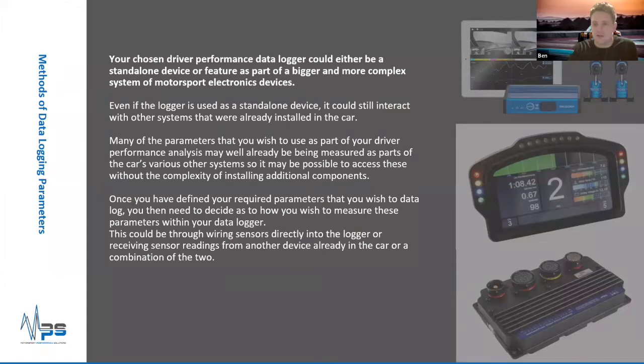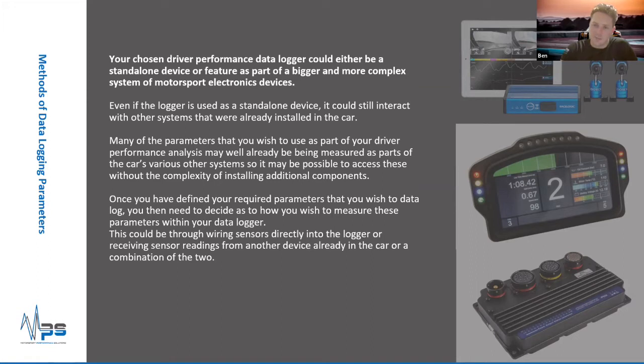Touching on that, modern race cars are a network of devices and electronic control systems. They've all got multiple purposes. If I highlight the dash display in the middle, that's Cosworth's ICD, which is not only a dash display, it's a CAN hub, and it's also a data logger.